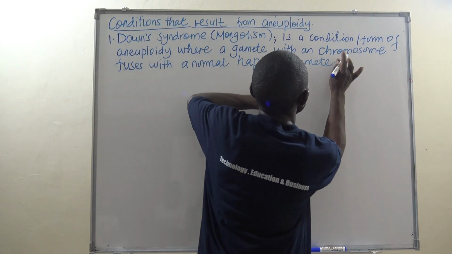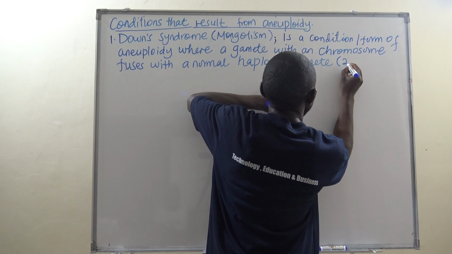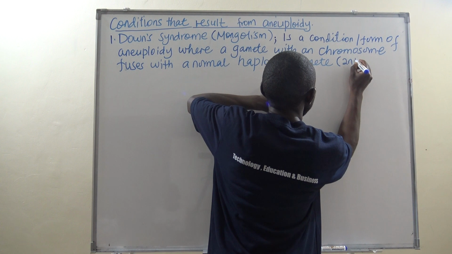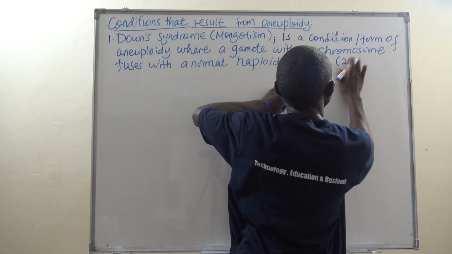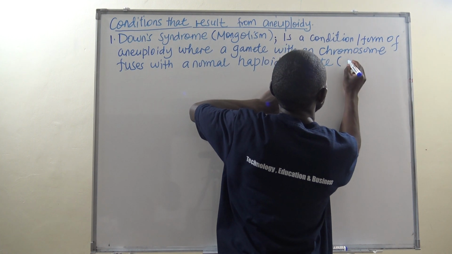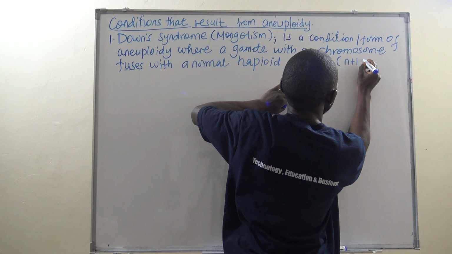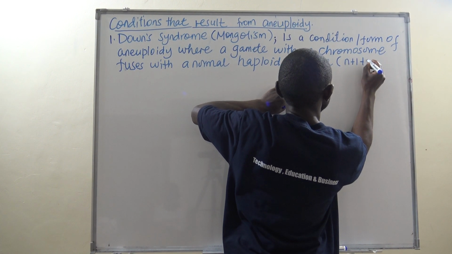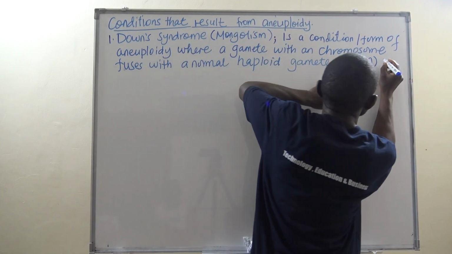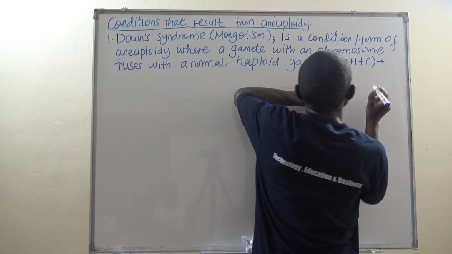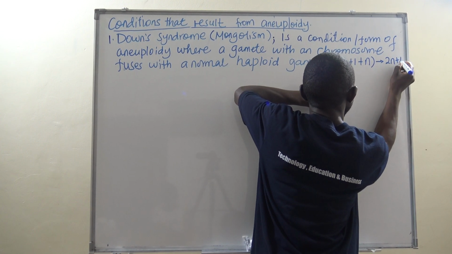So of course, the condition becomes 2n plus 1. It becomes n plus 1, then plus n, giving rise to 2n plus 1.